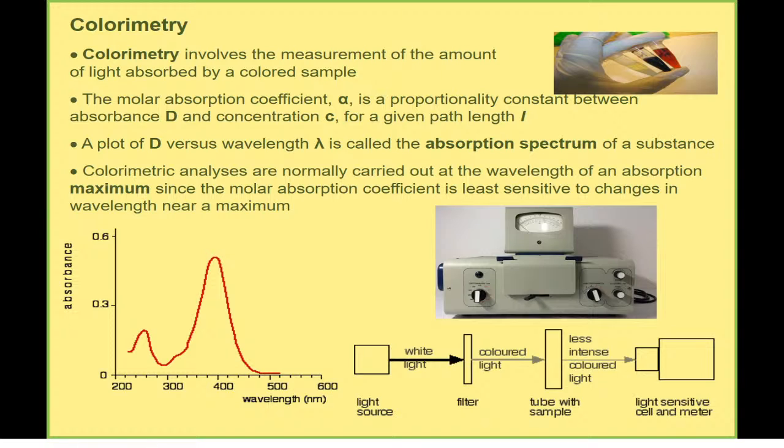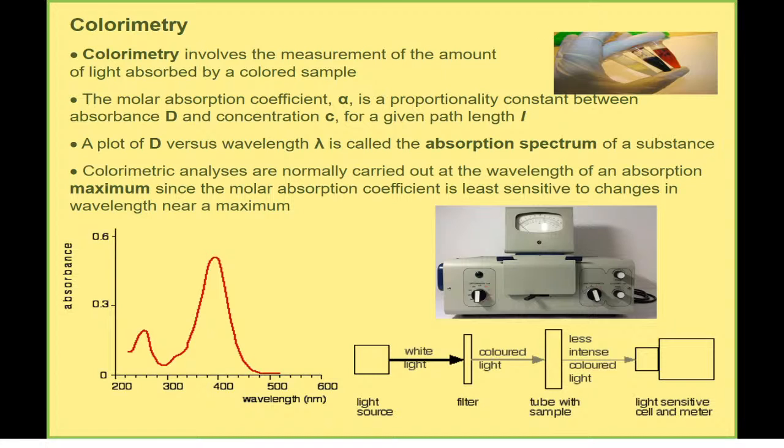And what is investigated? One more time, the presence and the concentration of transparent solutions that are colored. This is just colorimetry. It involves the measurement of the amount of light absorbed by a colored sample.